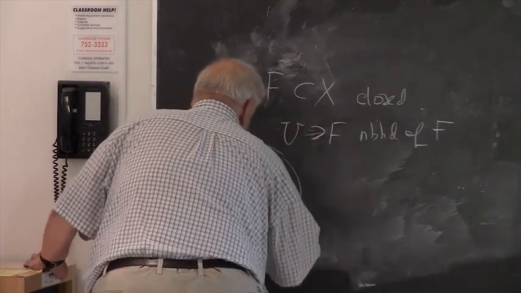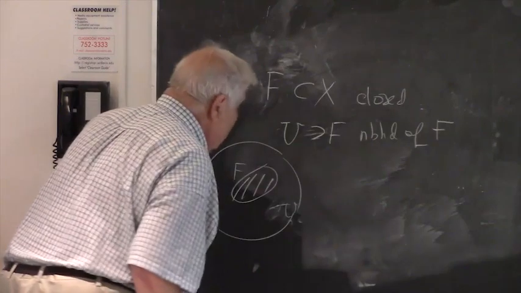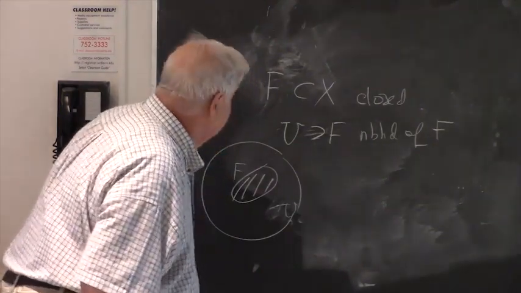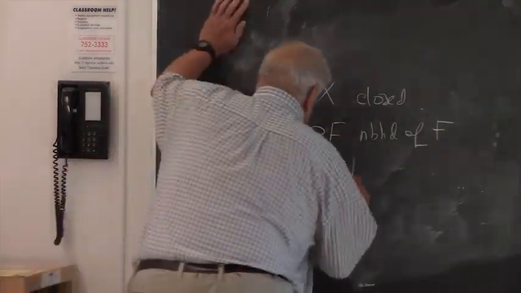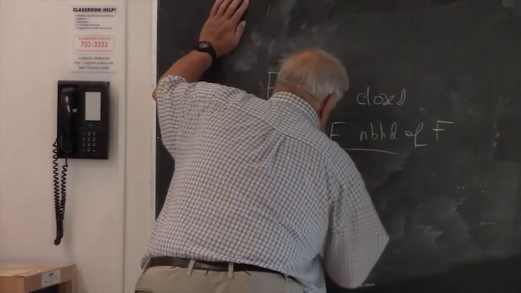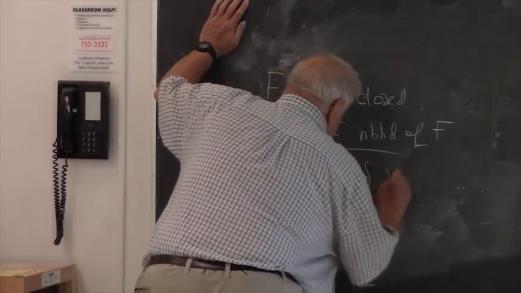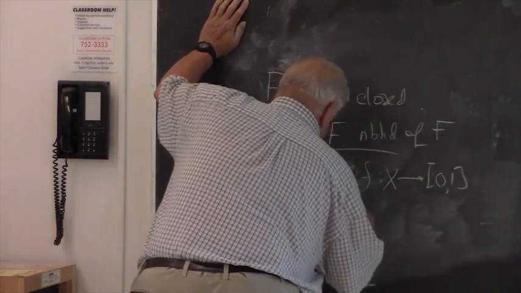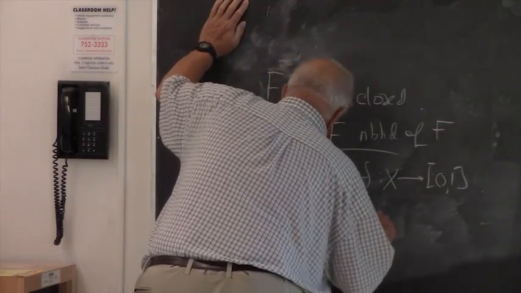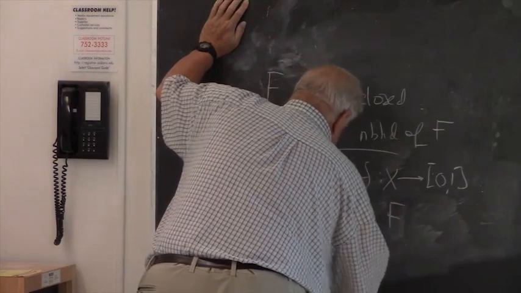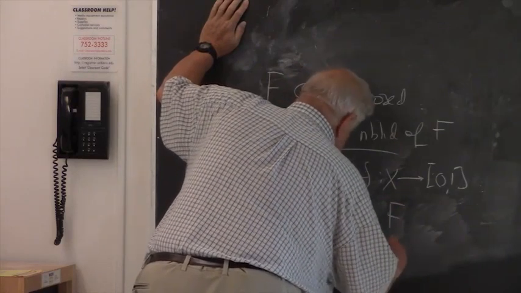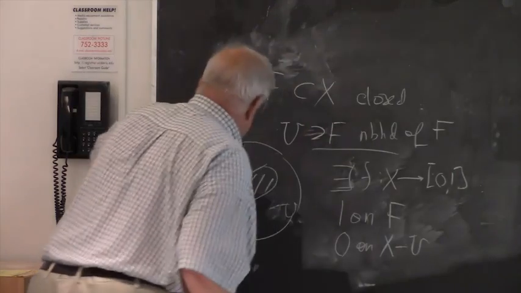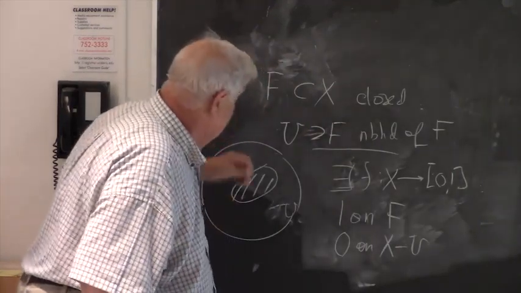This is F, this is U. Then I claim that there exists a smooth function which is 1 on F and 0 on X minus U. So 0 in the complement of this neighborhood and 1 on F.